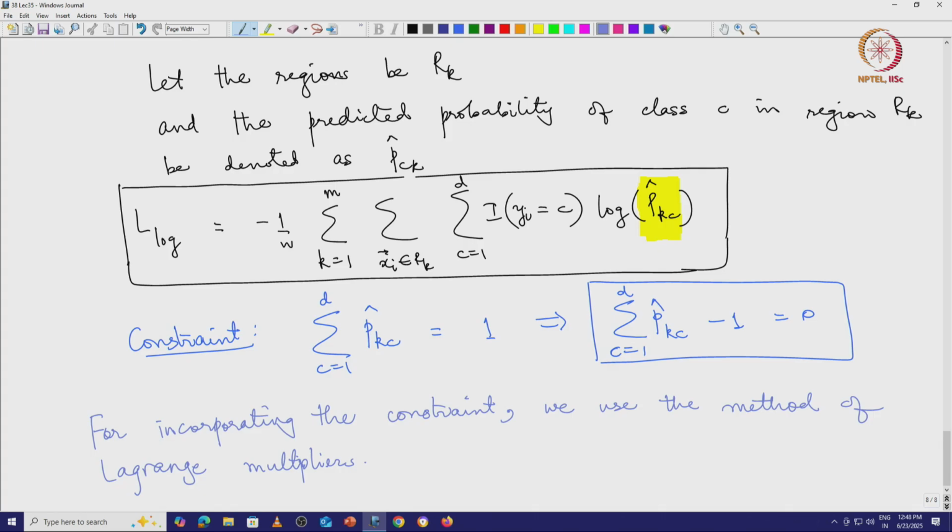Alright, so what we will do now is we will end this class here, because there is quite some amount of derivation left.